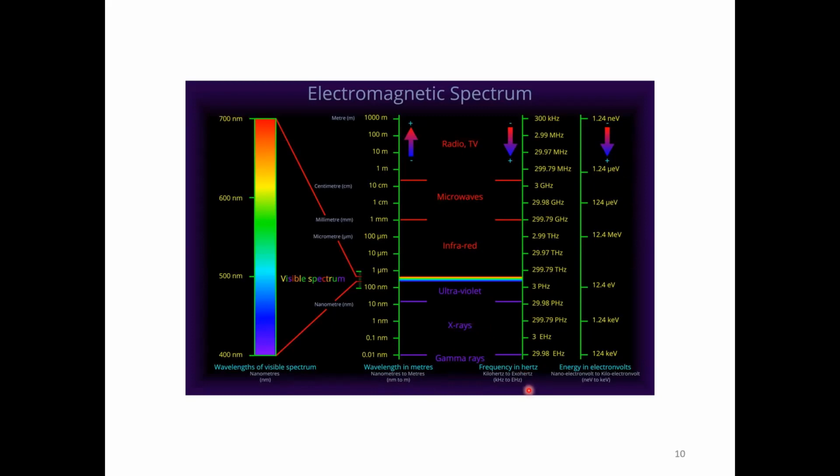Energy is in electron volts. So if I ask you what the visible spectrum is, you should answer correctly: the range of the visible spectrum is from 700 nanometer to 400 nanometer.